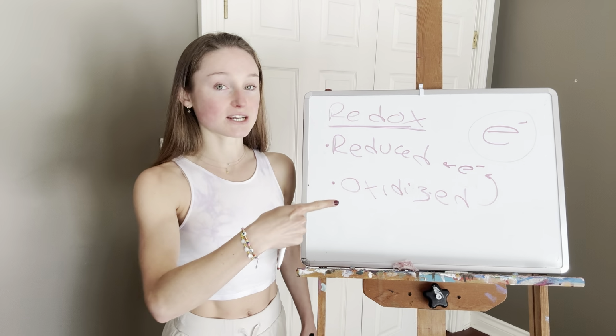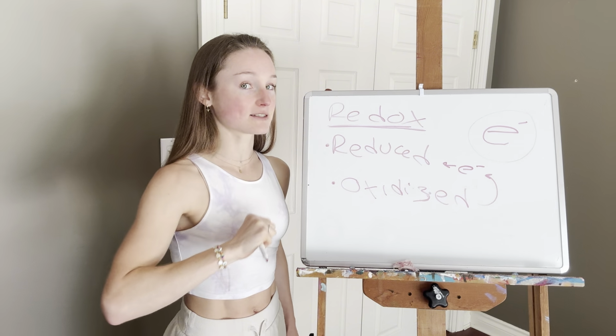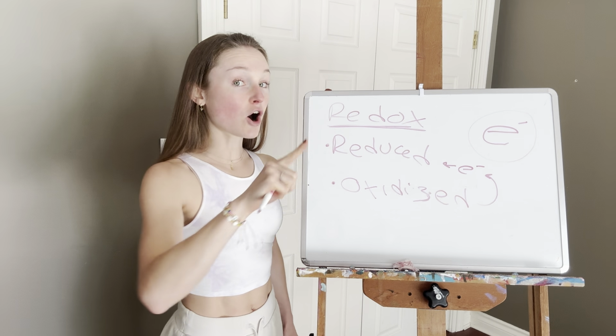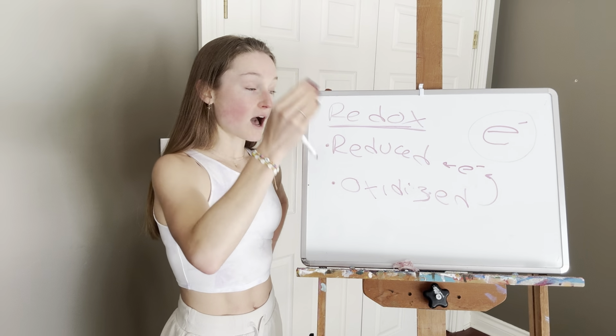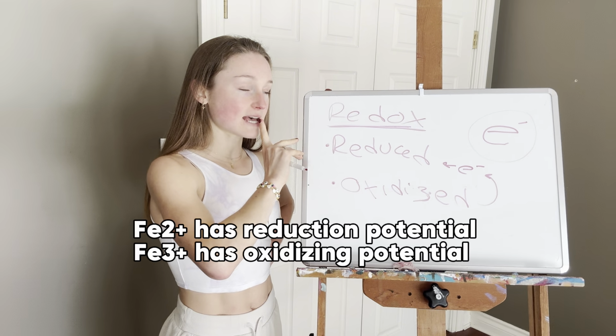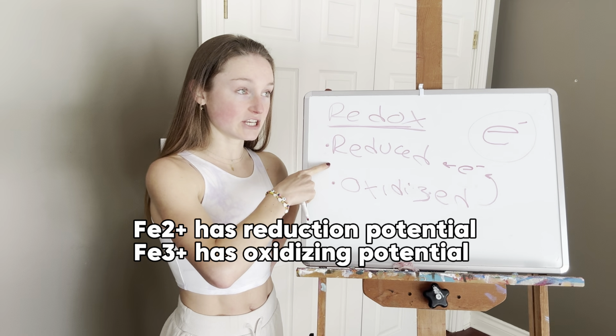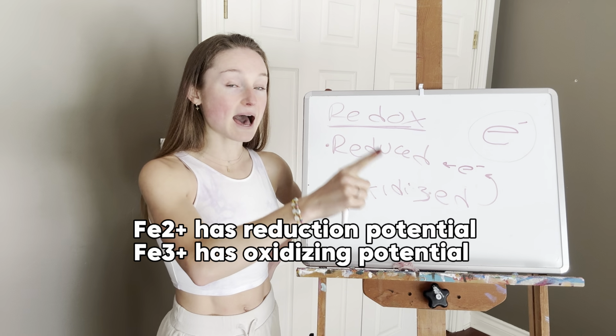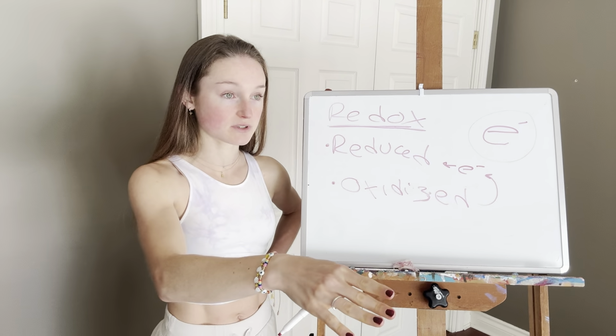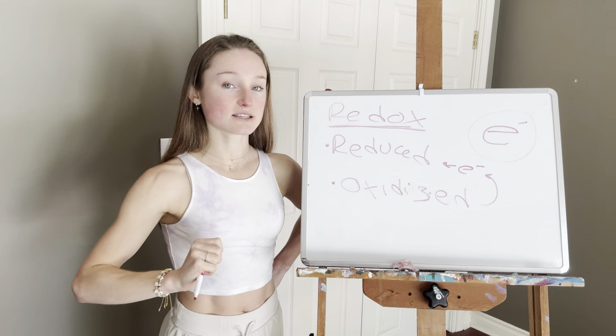So if oxygen is acting as an oxidizing agent, he is causing some molecule or atom to lose an electron. If iron is acting as a reducing agent, iron is causing some atom or molecule to become reduced, and iron is therefore oxidized in the process.